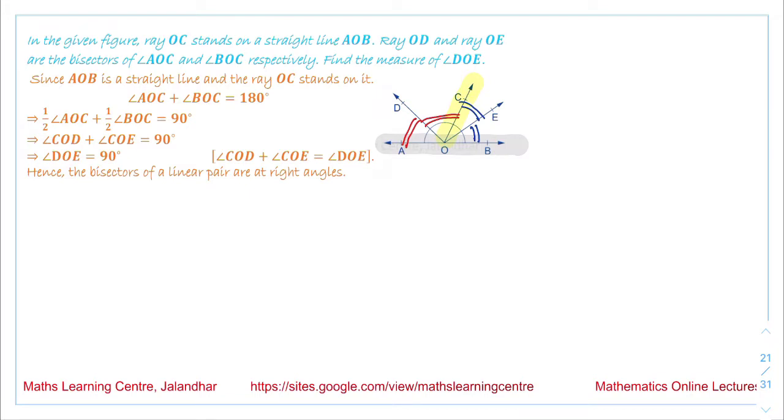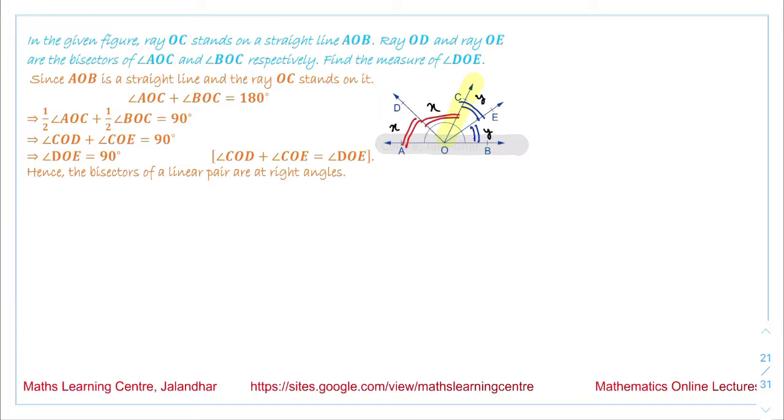Now we have to calculate the measure of angle DOE. Suppose the value of this angle is x, then this angle is also x. Second, if this angle is y, then this angle is also y.